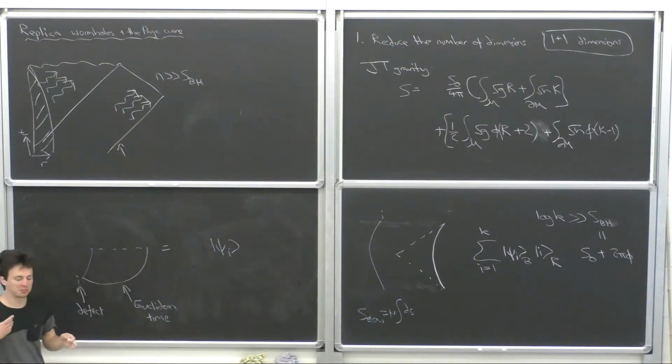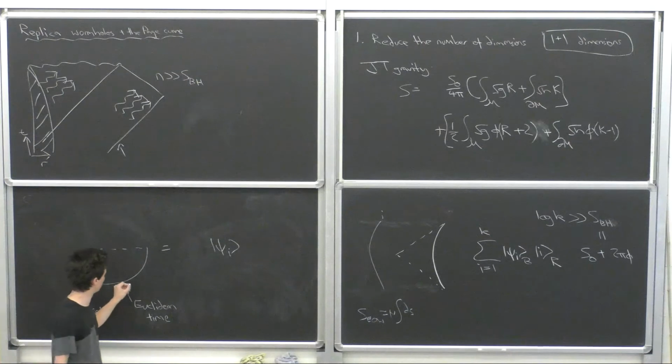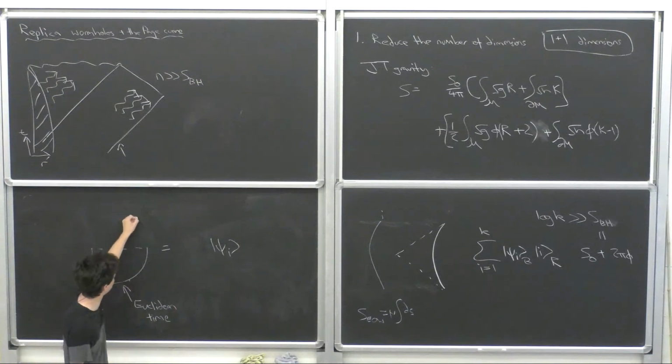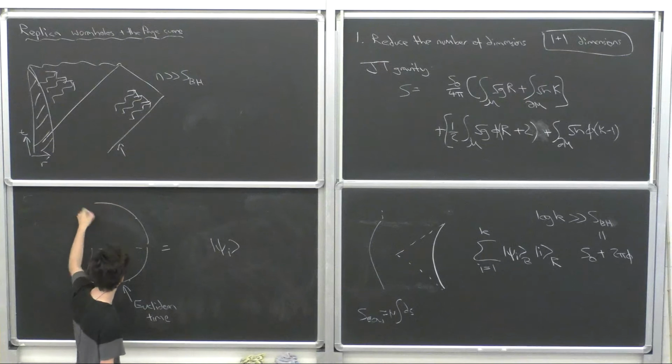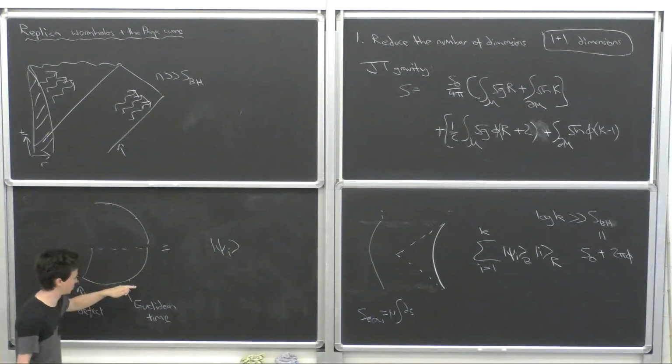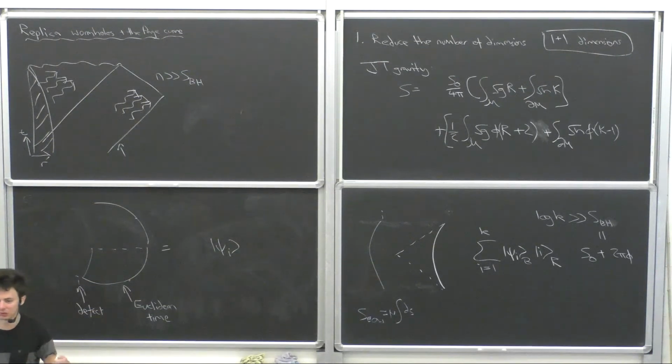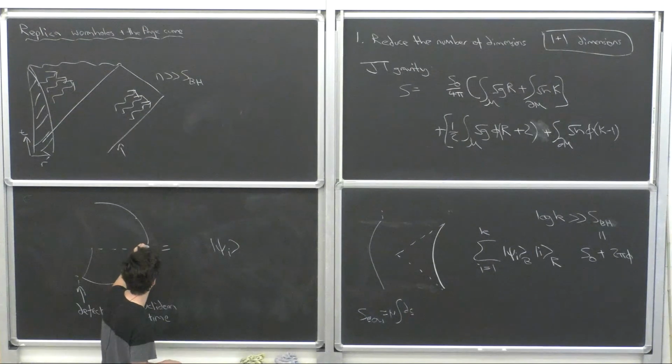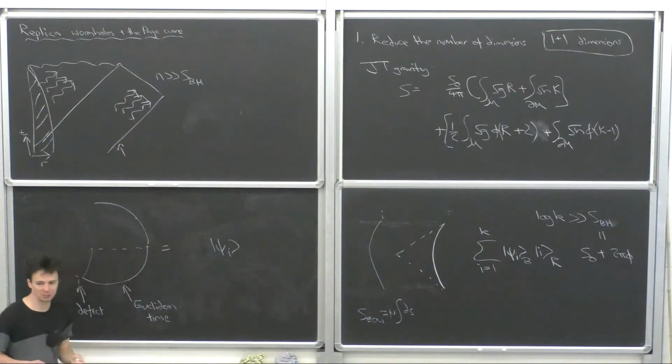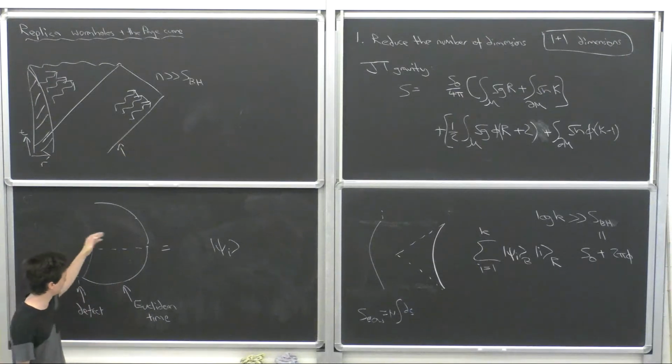If I have some simple observable, maybe I compute some correlation functions of something here and something up here, so I've closed it off, then the saddle point geometry looks like that particular semi-classical geometry. So that's the only sense in which a true quantum gravity state has a semi-classical dual. It just means that if you take some simple observables here and compute them using the gravitational path integral, then the dominant saddle point has that semi-classical geometry.